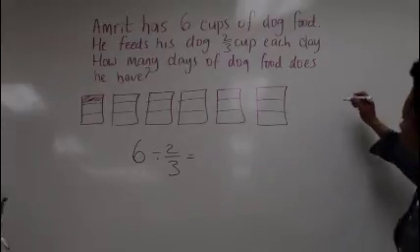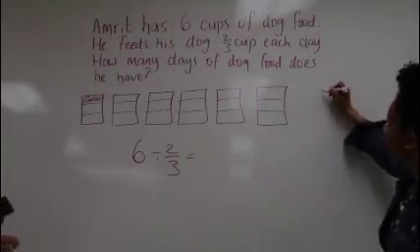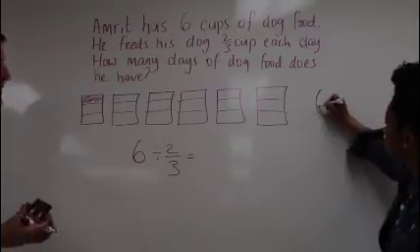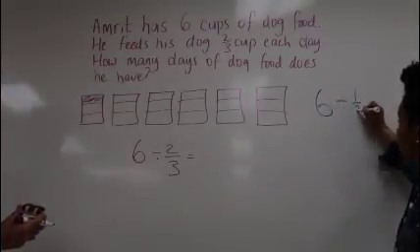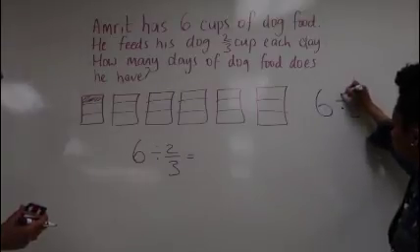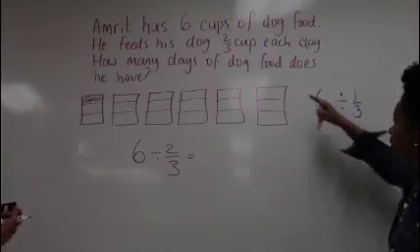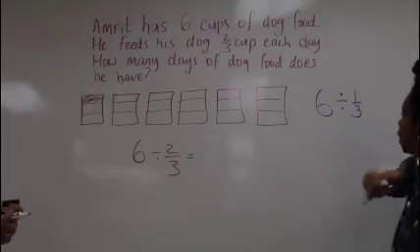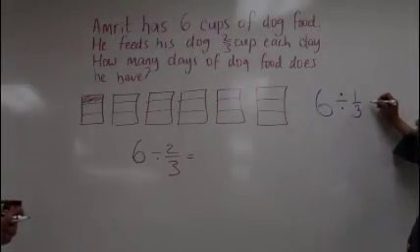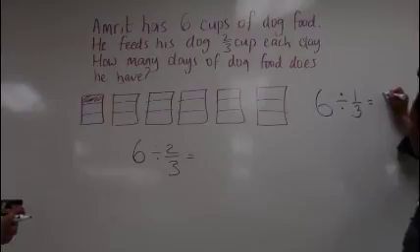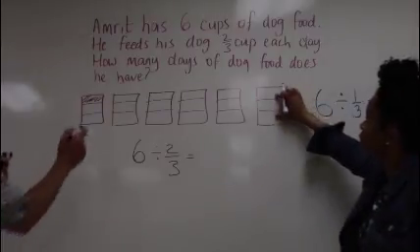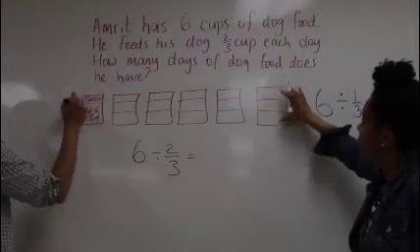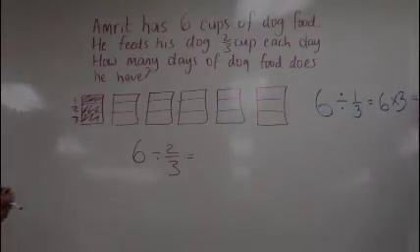Okay, and so if I was to represent what we saw Vince doing here, we have our 6 cups. He divided each of those 6 cups into thirds. And then he asked himself how many thirds are there in 6 cups. And that resulted in us getting 6 times 3 because you see there's 3 groups in 1 cup. So that resulted in an answer of 18.